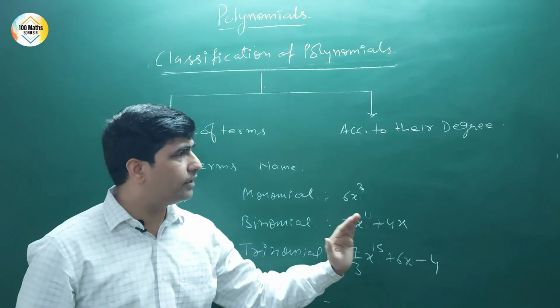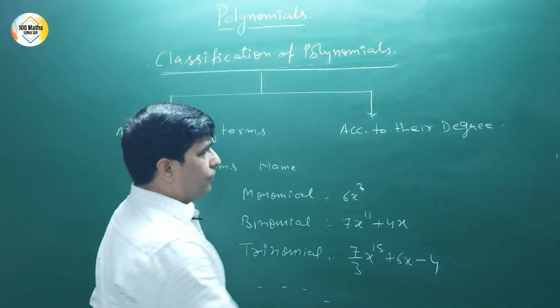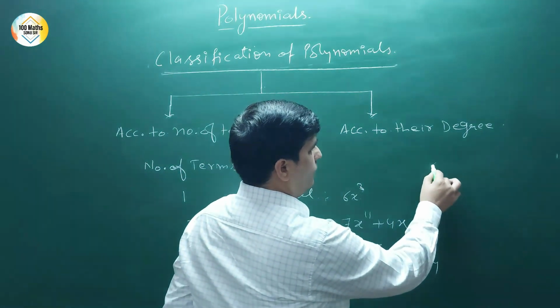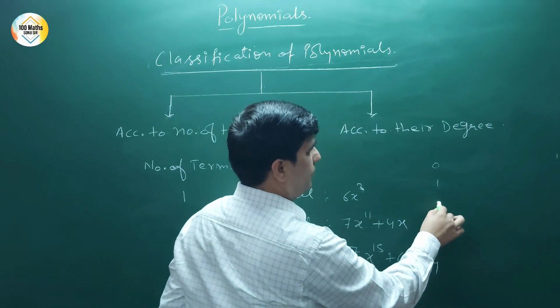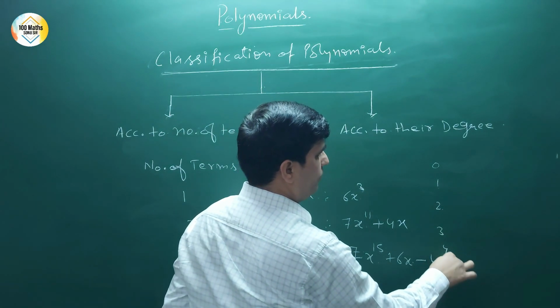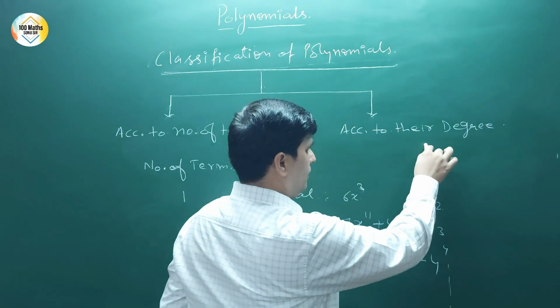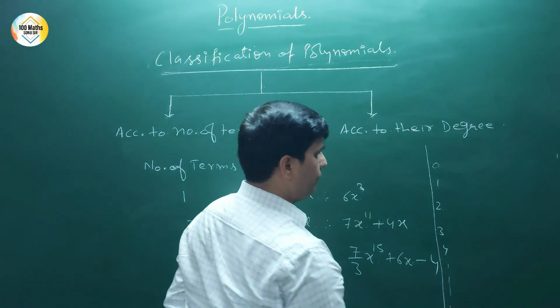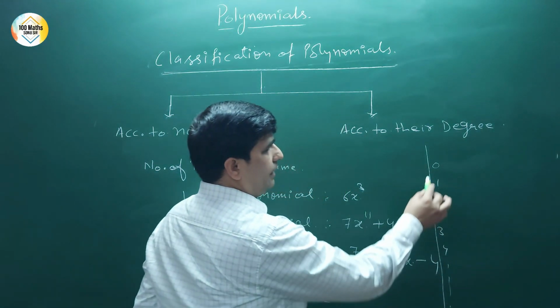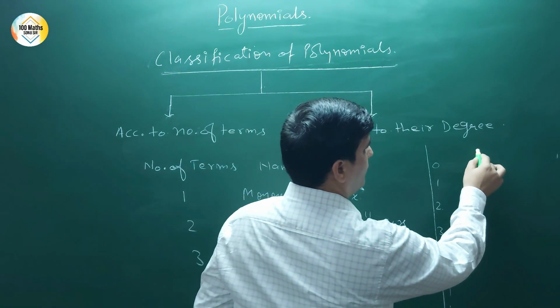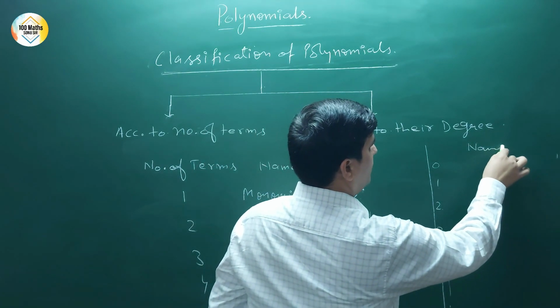Now come to according to their degree. So the degree can be 0, it can be 1, it can be 2, it can be 3, it can be 4 and so on, right? So according to their degree we can classify them. If degree is 0, right, what is the name of this polynomial?